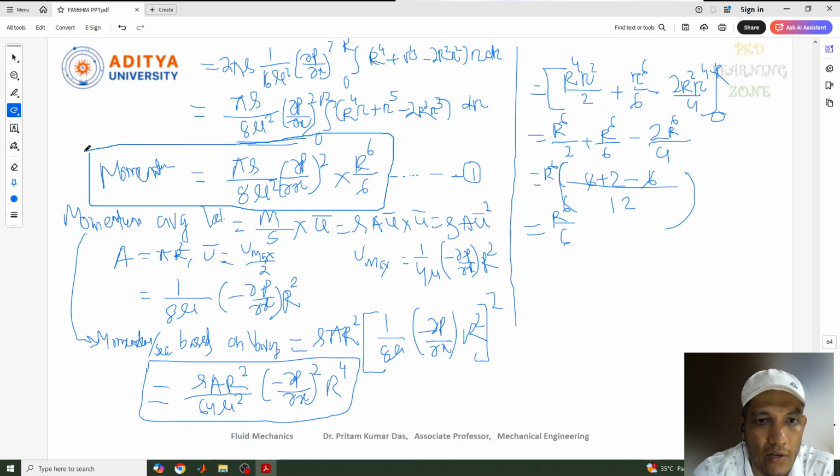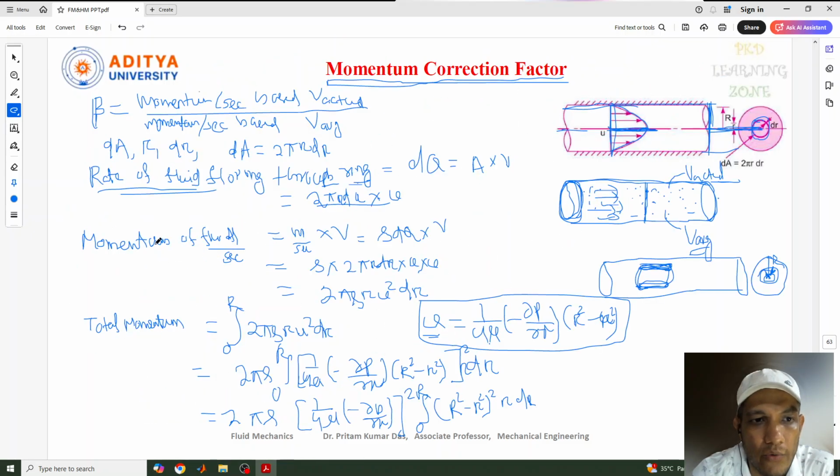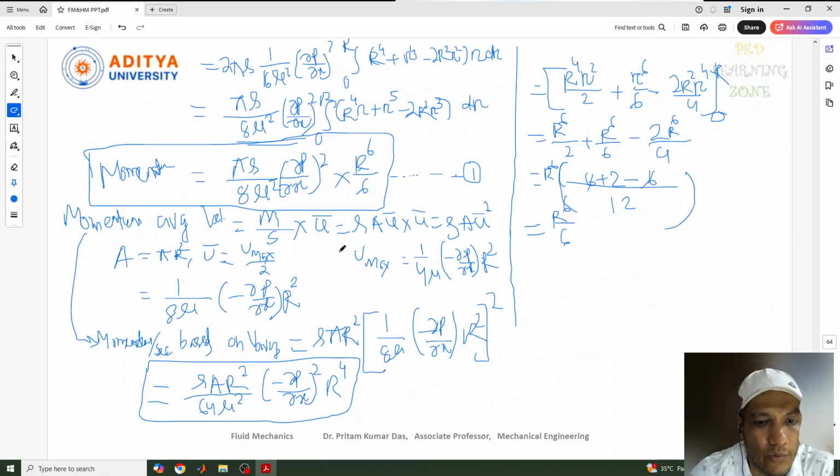Now based on our definition, we just need to find out the value of beta. What is the formula I told? The formula is momentum per second based on the actual velocity divided by that based on average velocity. It's quite simple, just put in these values.